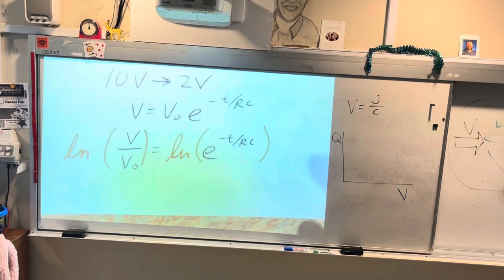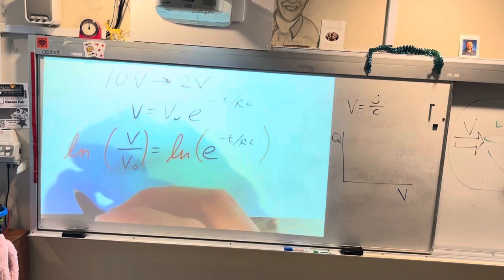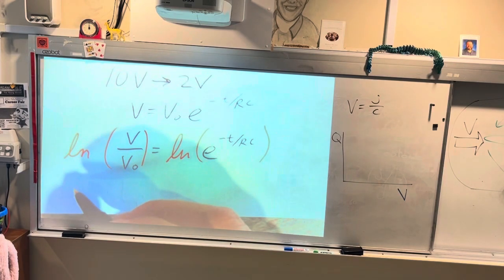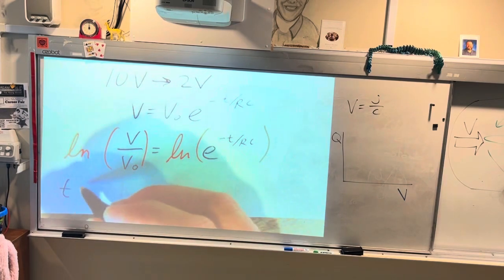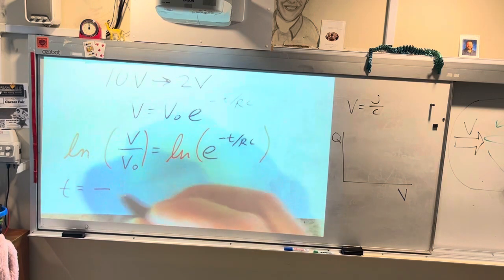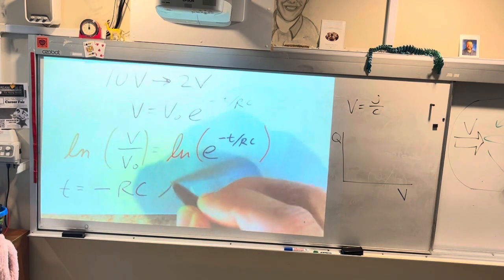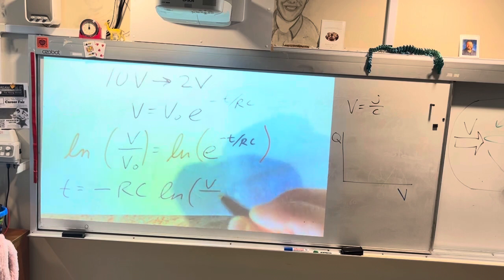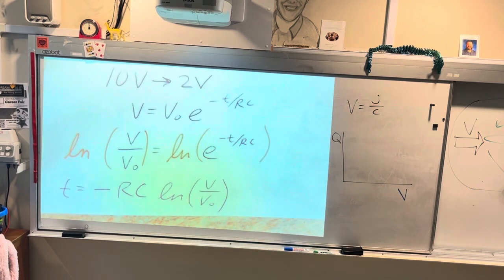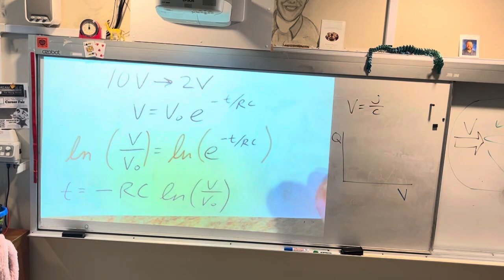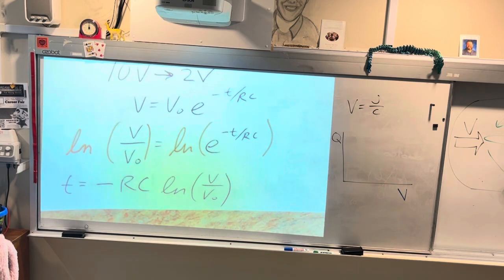And you're going to end up with t being equal to negative RC ln of V over V naught. I think if you do that all out, that's what you get.